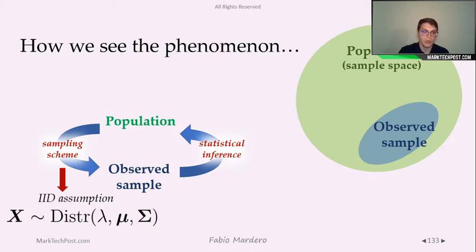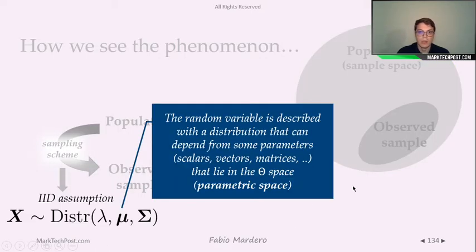So the n-dimensional random variable could be described by some distribution that depends on parameters, maybe scalar parameters, vector parameters, and parameters that are matrices. These parameters lie in what we will call the theta space, the parametric space.